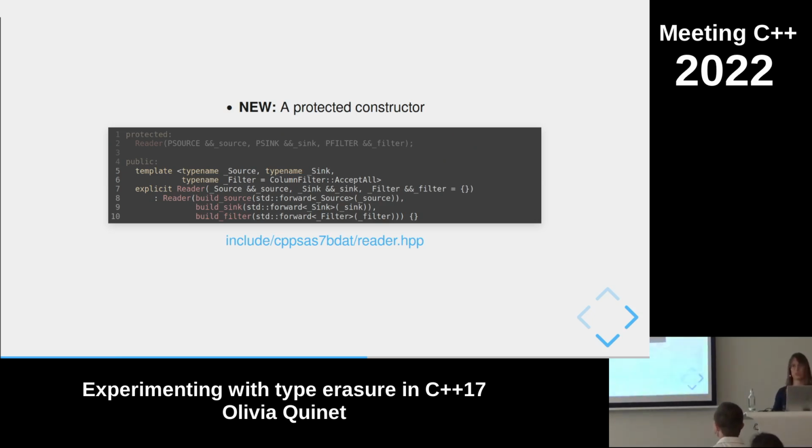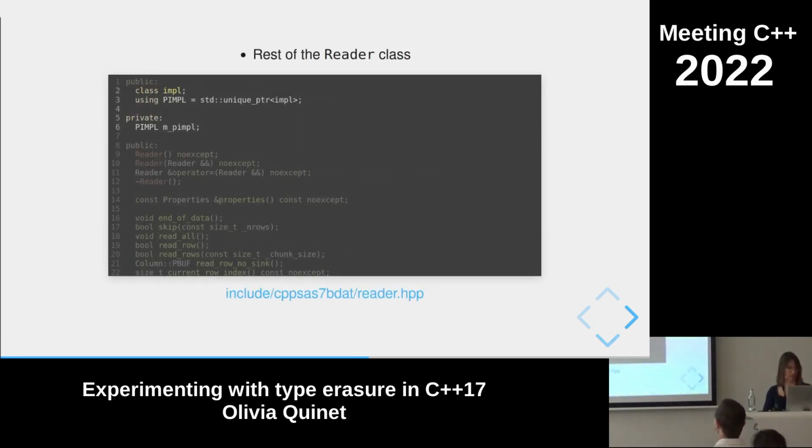I'm using the different build factory to have the smart pointer to pass to a protected constructor, so that I completely separated the construction of the different entities from my reader. And I also use a private implementation for the reader, so everything is separated from the header file, from the actual private implementation.